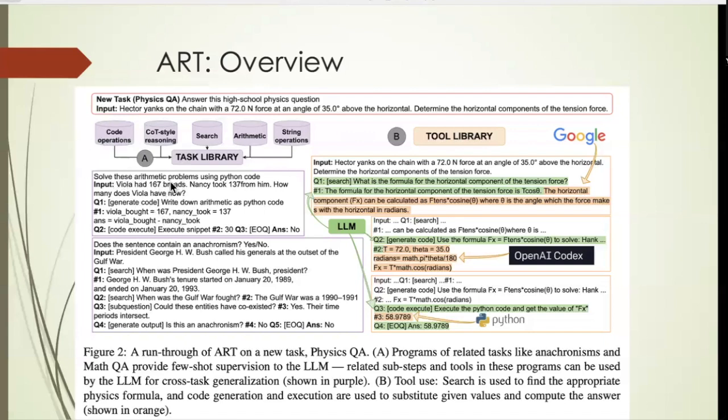For example, this is your problem, and they want to use Python code, so the first step is to generate the code, and then there is code execution, where the humans actually execute the code in the Python environment, get the response, and put it over here. The last step is to get the answer. So basically, all of these demonstrations are formatted by humans with questions, responses, and follow-up questions, responses, etc.